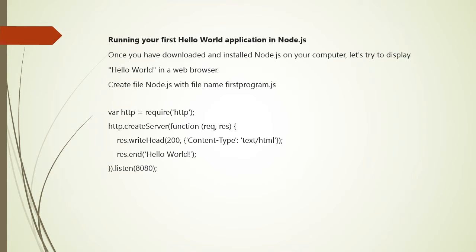Create a file with the file name firstprogram and give the extension as js, where http is equal to require http.createServer in bracket function request comma response begin res.writeHead in bracket 200 content type is text slash html res.end hello world listen 8080.